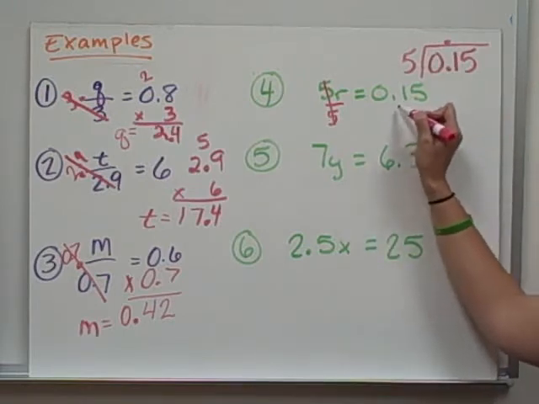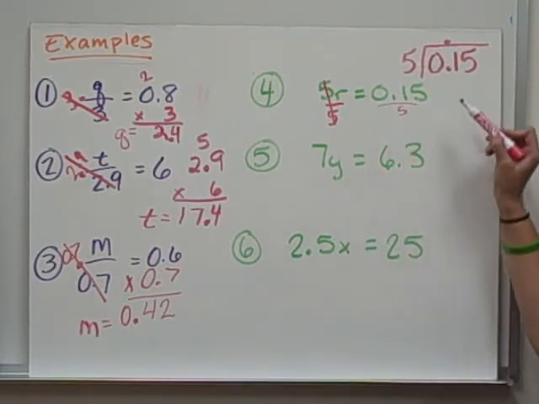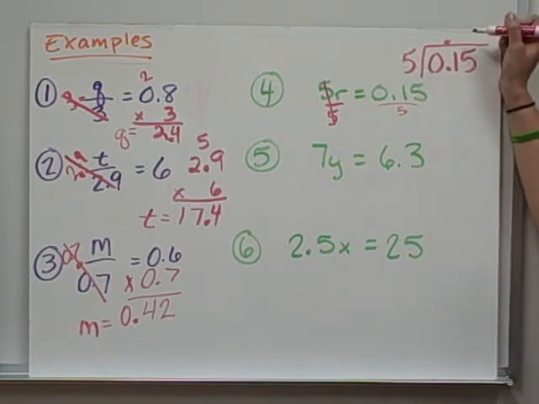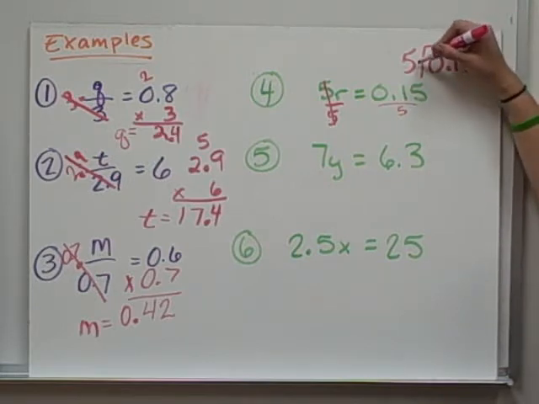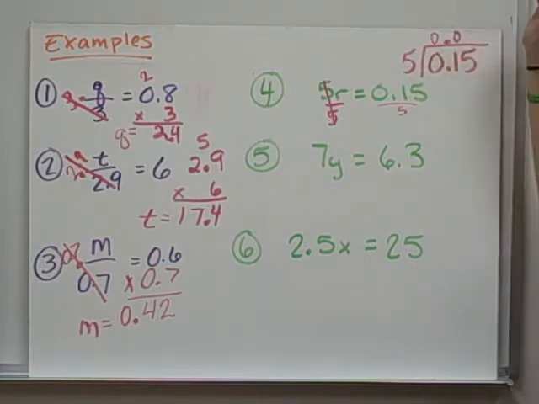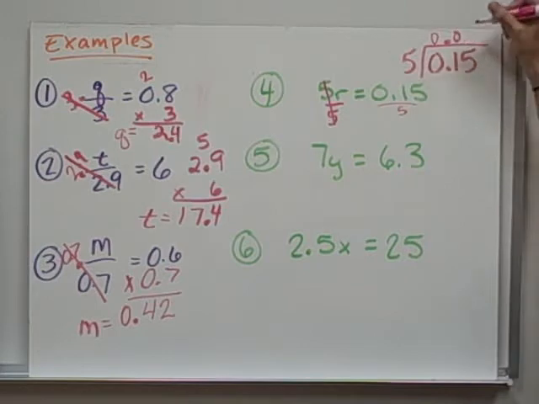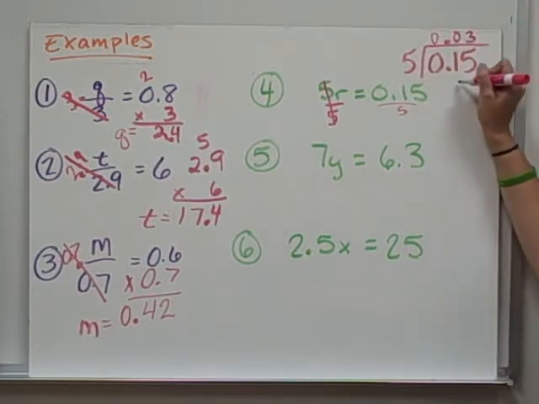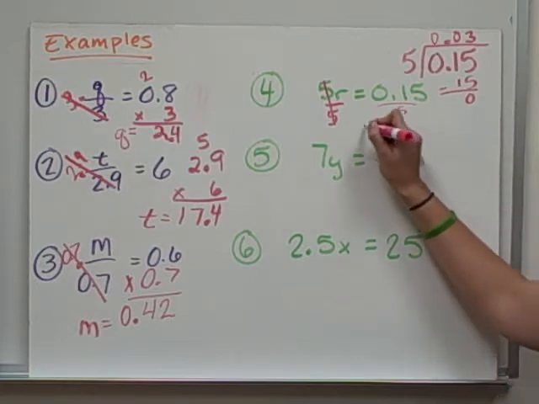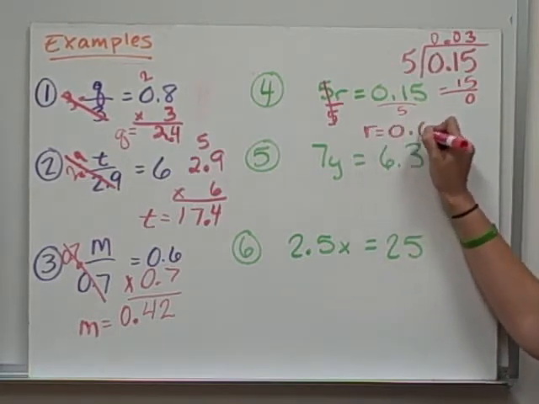So I'll go ahead and show my work. I've got 0.15 divided by 5. Bring the decimal up. Can 5 go into 0? No, it can't. Can 5 go into 1? No, it can't. Can 5 go into 15? Yes, it can. 3 times. That goes in evenly. I'm left with no remainders. So R equals 0.03.